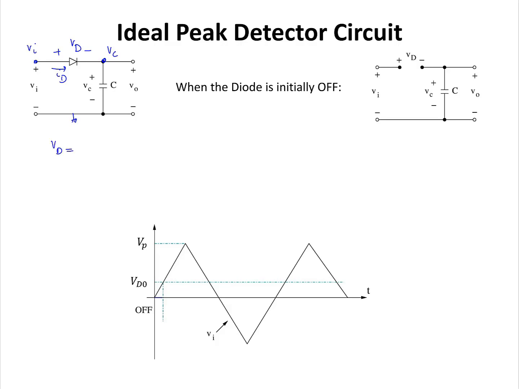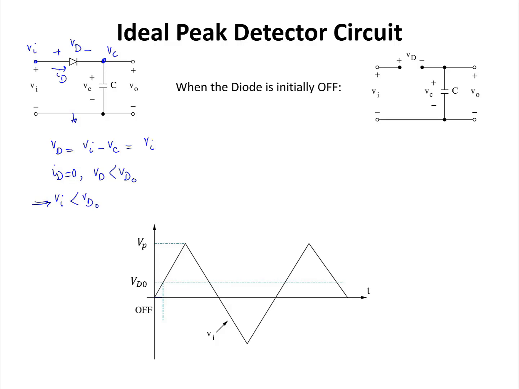So Vd is Vi minus Vc, which is initially, Vc is equal to 0, so Vd is equal to Vi. From there, when the diode is off, I know that Id is equal to 0 and Vd is less than Vd0. Because Vd and Vi are equal, that means Vi is less than Vd naught.